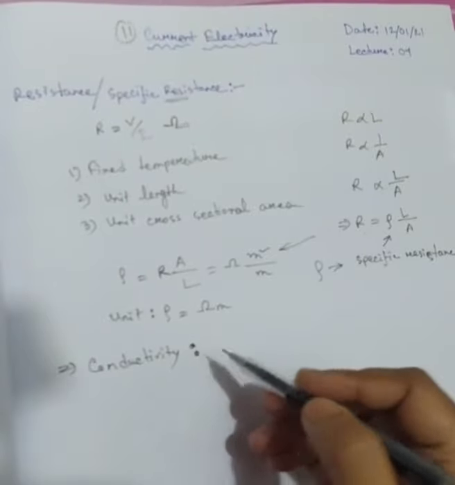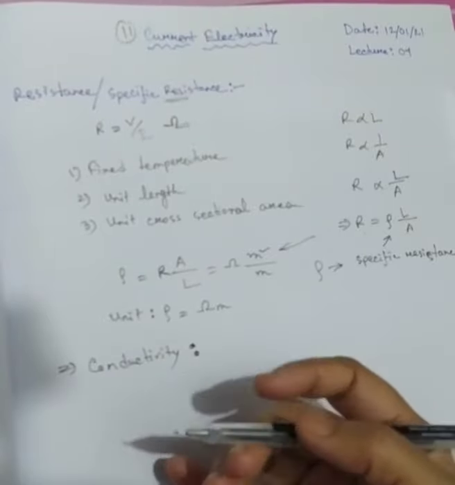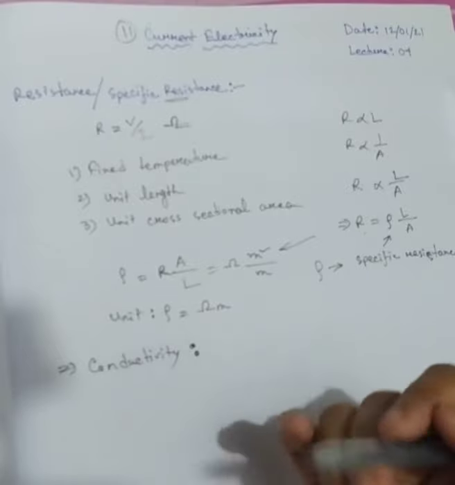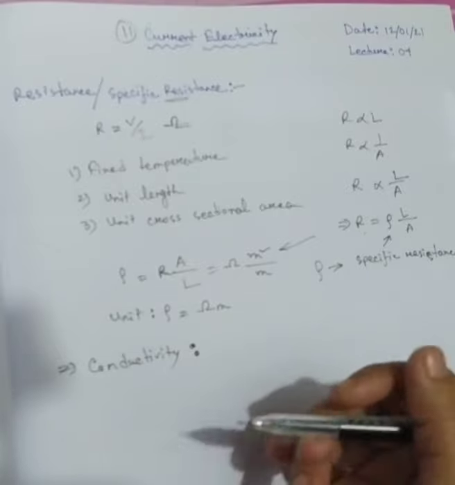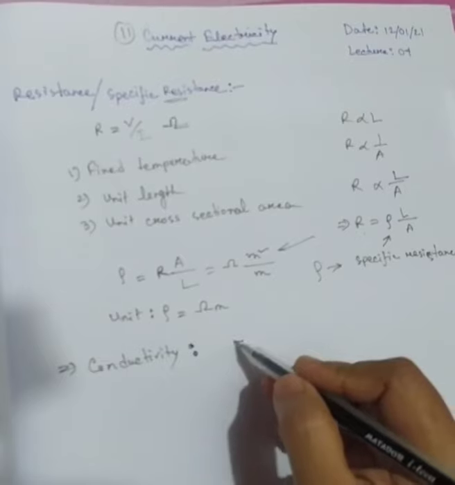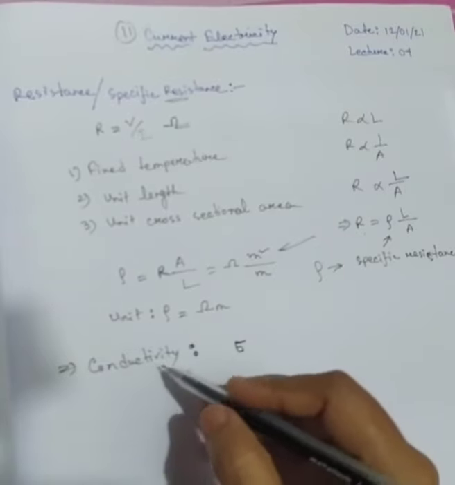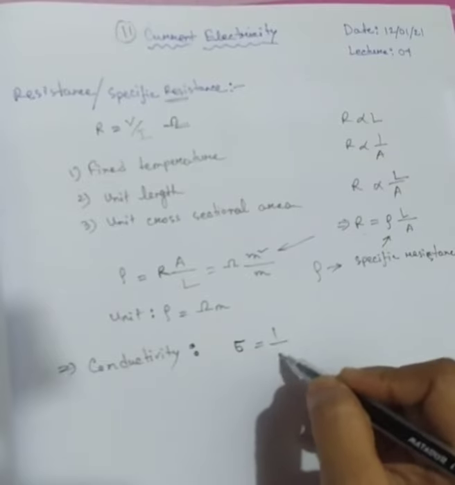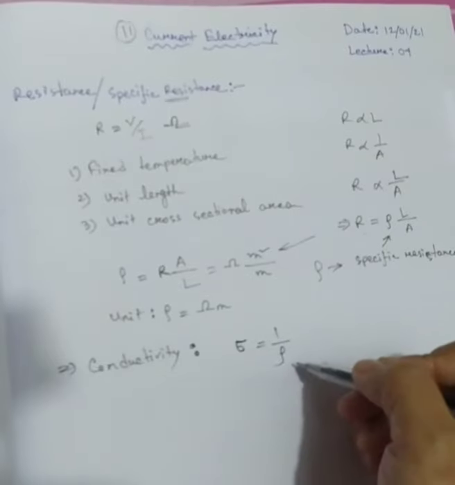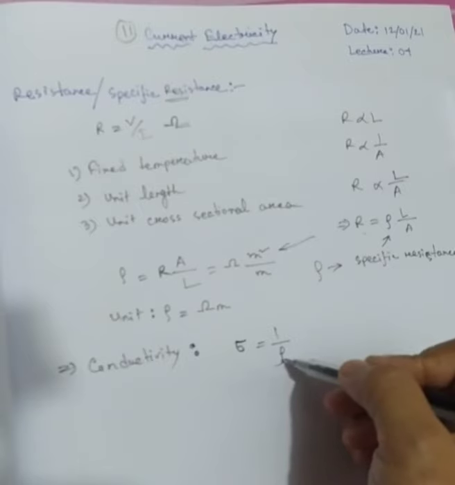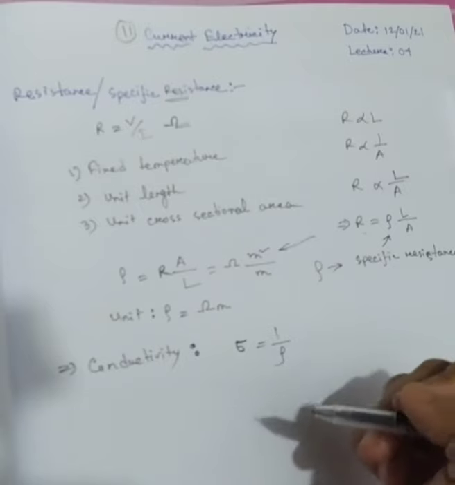Specific resistance is resistivity, and the opposite term of specific resistance is called conductivity. This is denoted by sigma, and this sigma denotes conductivity. Conductivity is equal to 1 by rho. That means the reciprocal of specific resistance is called conductivity.